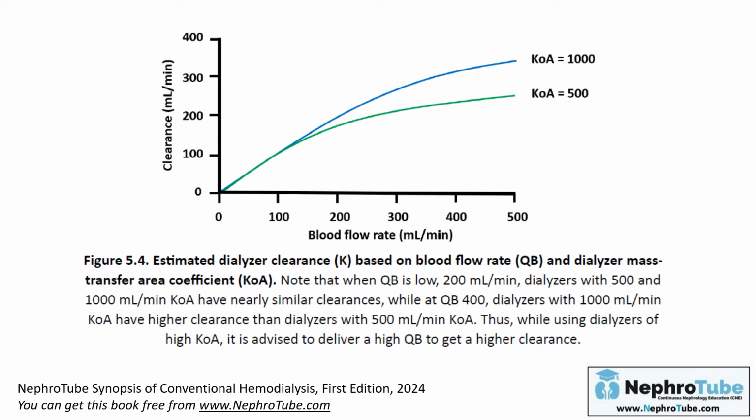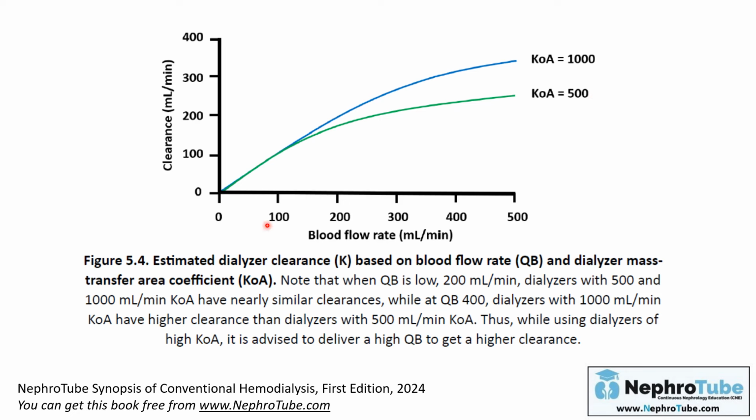An important point that I want to finish talking about in mass transfer area coefficient is the relation between the mass transfer area coefficient, blood flow rate, and dialyzer clearance. Here, there are two lines, one for a dialyzer with a KoA of 1000 and one for a dialyzer with a KoA of 500. So this is a high efficiency dialyzer and this is a low efficiency dialyzer.